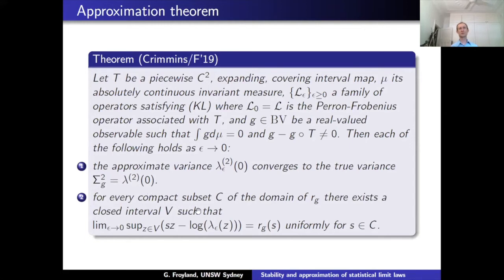And second, for the rate function, if you compute your perturbed rate function using this formula, which is just what I had before except there's an epsilon here, then when you send epsilon to 0, you get uniform in S convergence to the true rate function.